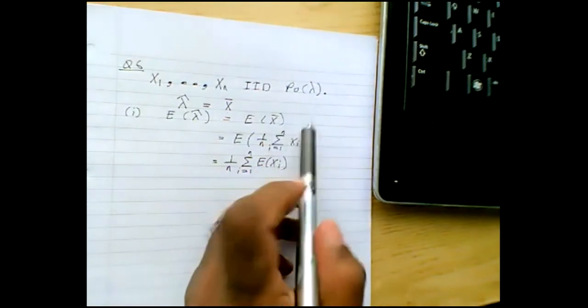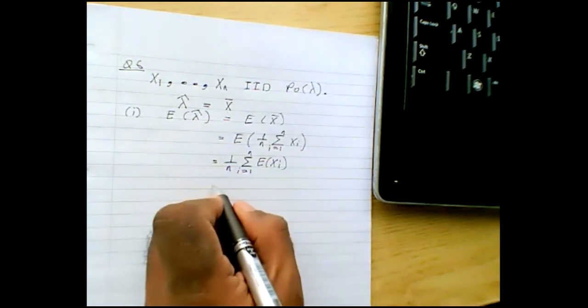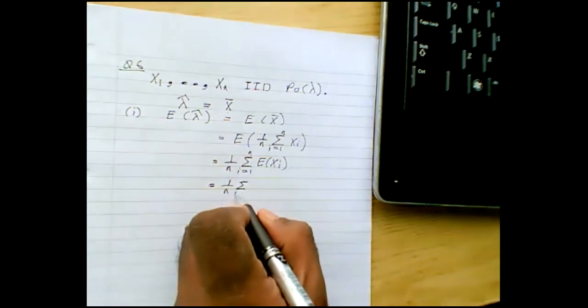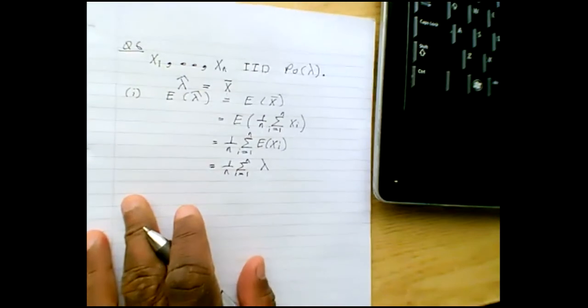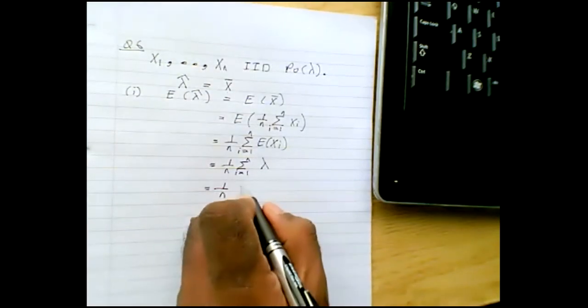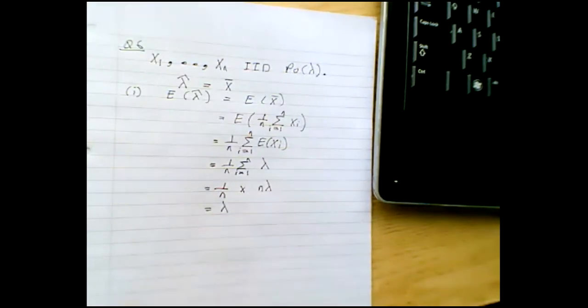Now remember, for a Poisson random variable, the expectation is lambda. So this is going to be 1 over n times n lambda, which is lambda.